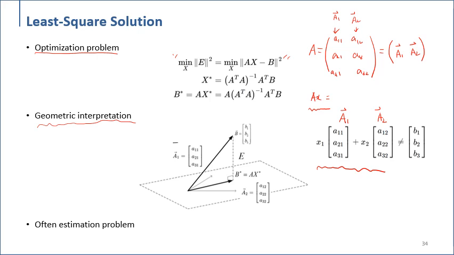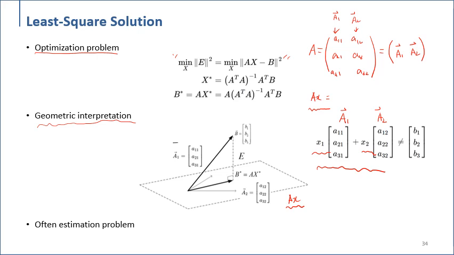And this linear combination is nothing but the plane spanned by the A1 and A2 vectors. By changing the coefficients x1 and x2, we can span the whole plane. So this plane is the physical meaning of the matrix product Ax.